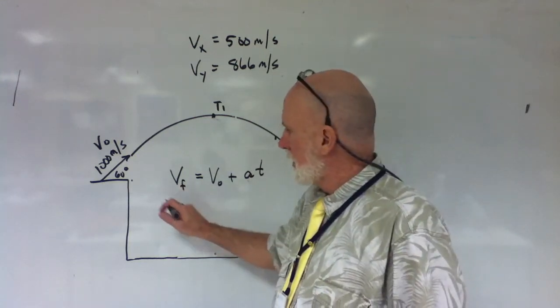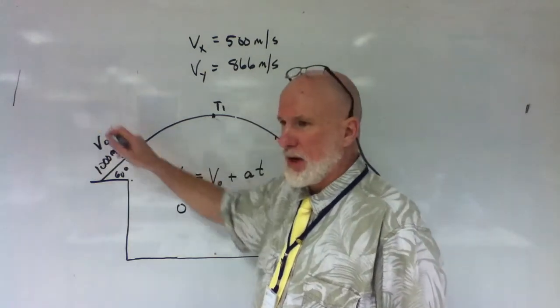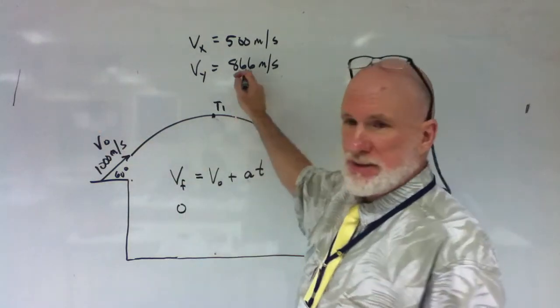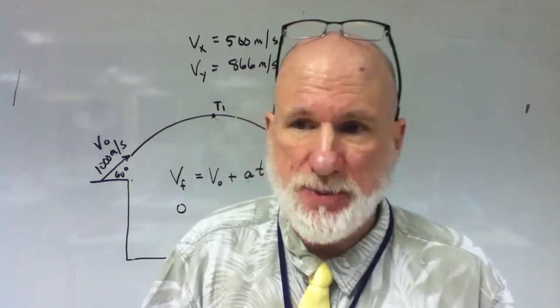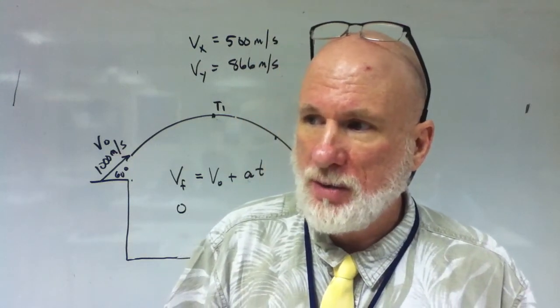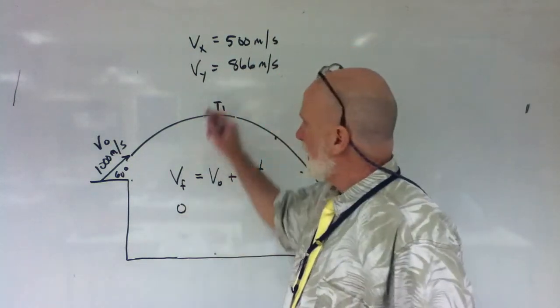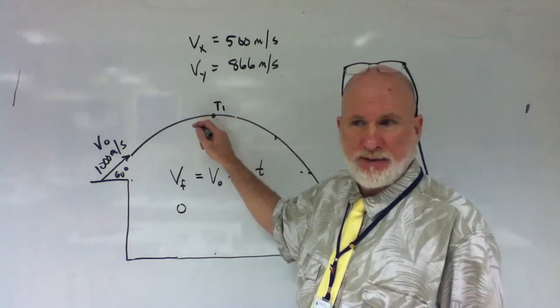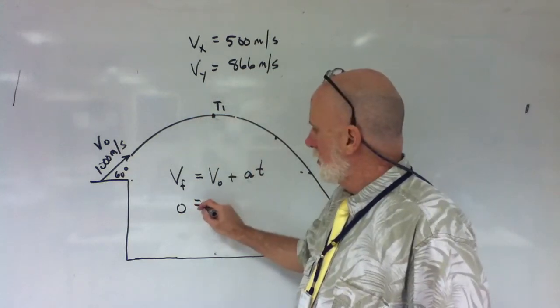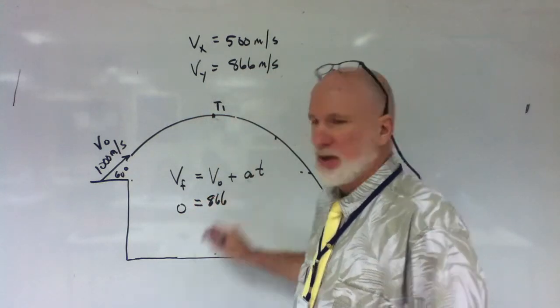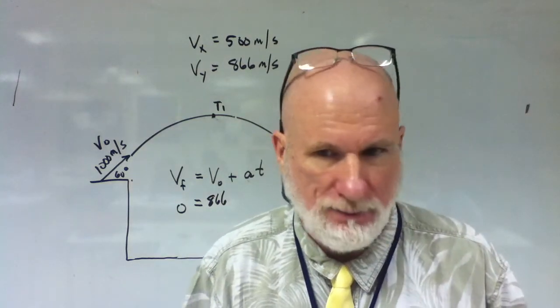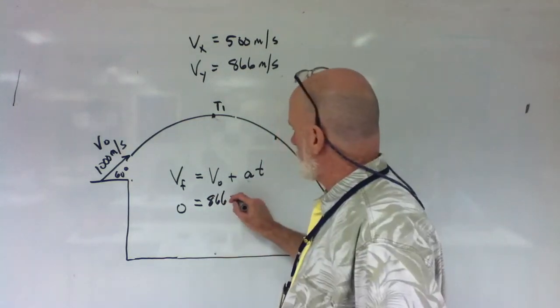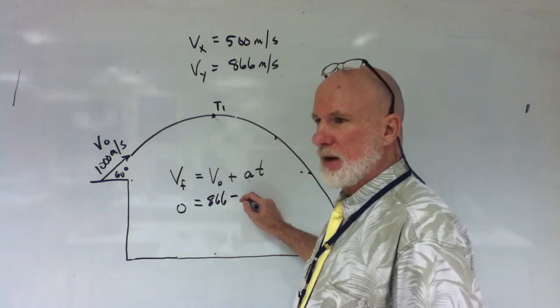Isn't that going to be 0 when this vector rises at 866 meters per second, correct? So when that rises, the final velocity is going to be 0, correct? So that's going to equal the initial velocity. I'm going to leave off the unit labels. Is that okay? And it's going to be subtract off what?